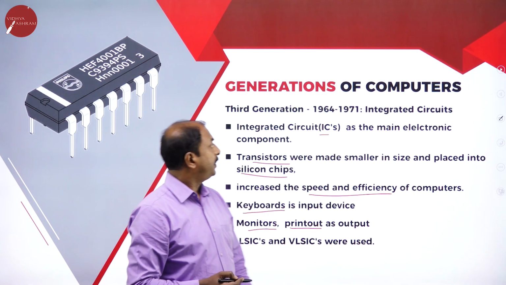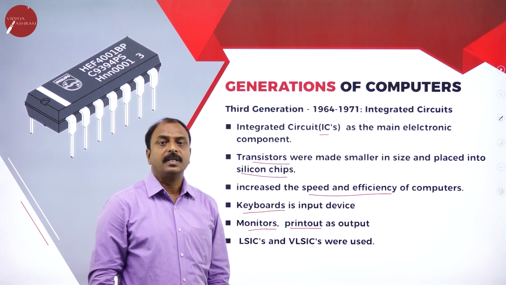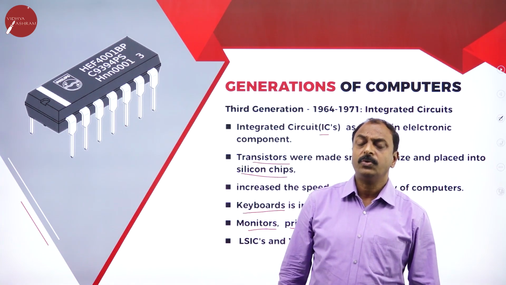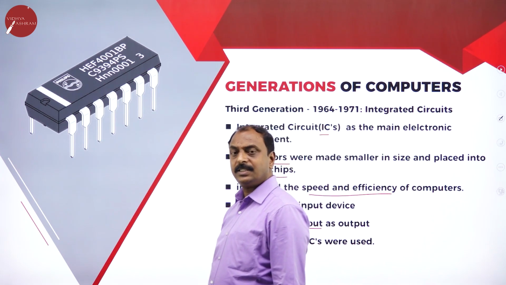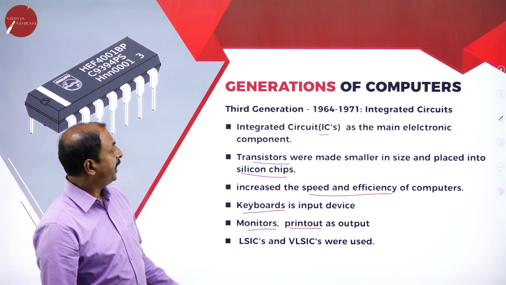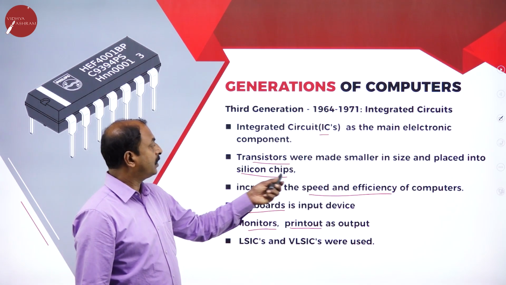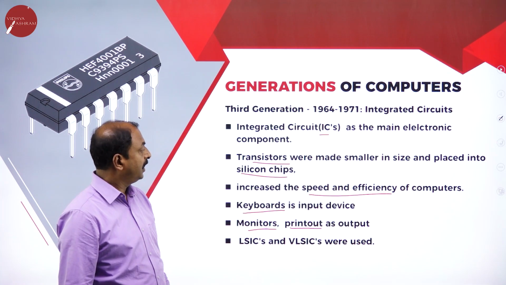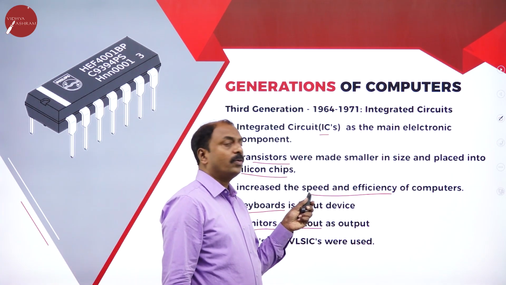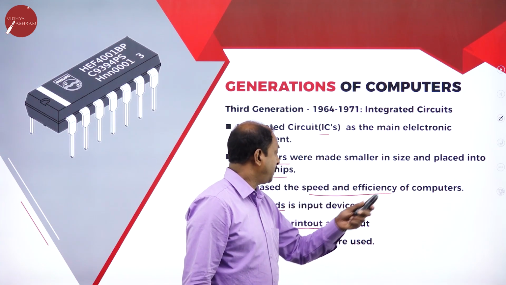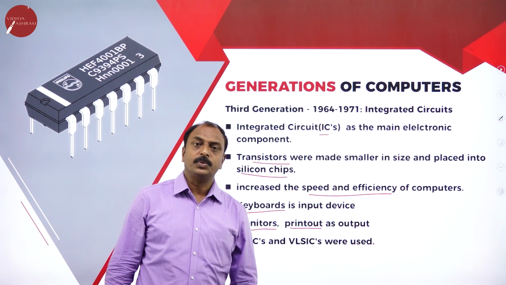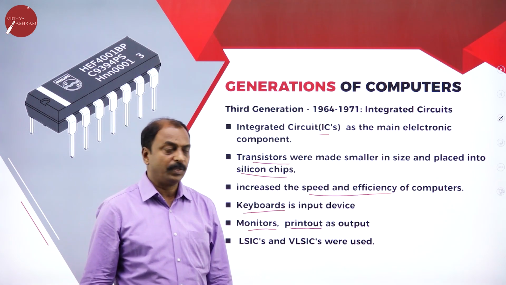So in the third generation of computers, the main electronic component was the IC or integrated circuit. These ICs are made up of so many transistor circuits, and they used to place them onto silicon chips to form ICs. With the help of this, the computers were very fast and more efficient, and keyboards and monitors were used as input and output devices respectively.